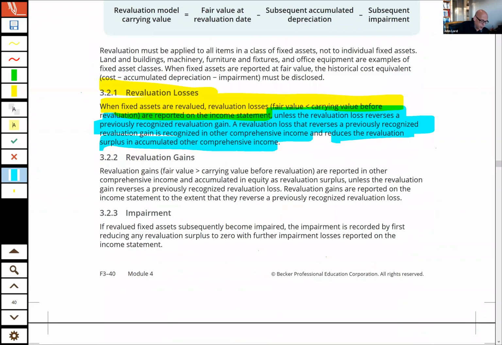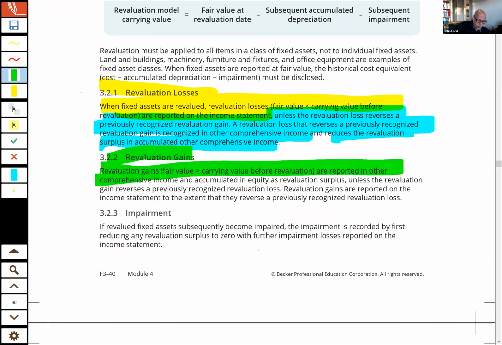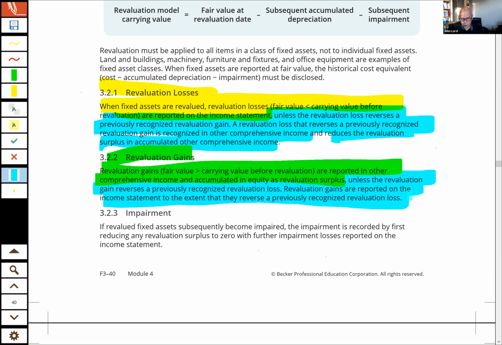Now, if you have a revaluation gain, it first goes to other comprehensive income unless there have been revaluation losses that were previously recognized in the income statement. If that's the case, then the revaluation gain first goes to the income statement, and any remaining gain over and above the losses you've previously recognized in the income statement will go to other comprehensive income.